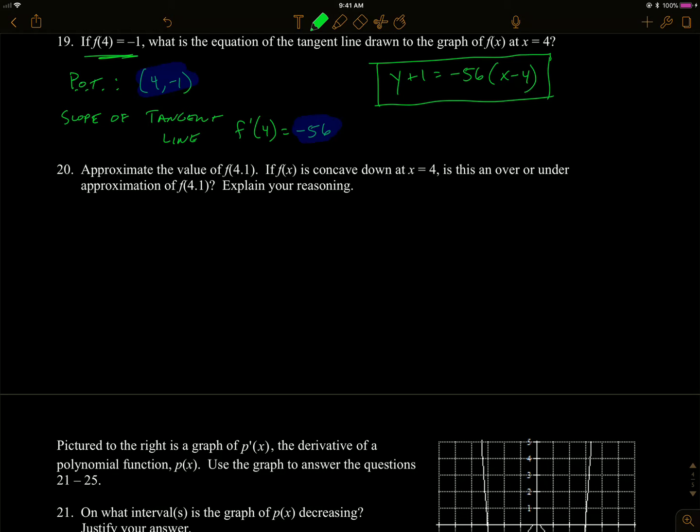So to approximate the value, first I'm going to solve my tangent line equation for y. So it's going to be -56x plus 223. So now to approximate f of 4.1, I'm going to say it is approximately what I get when I plug that in to my tangent line.